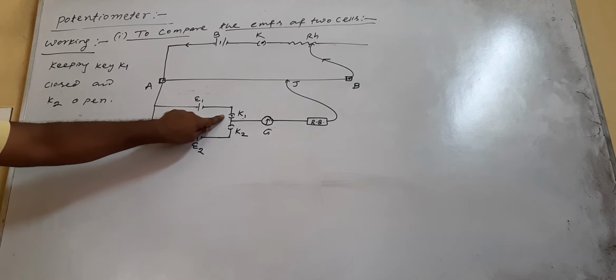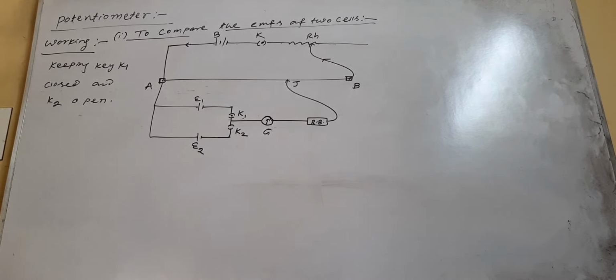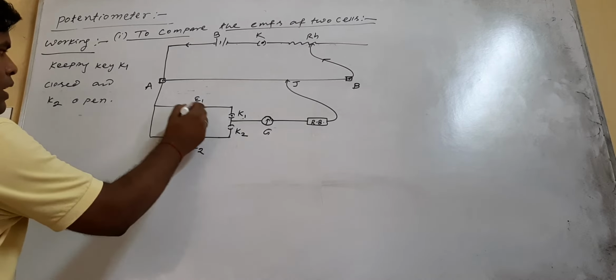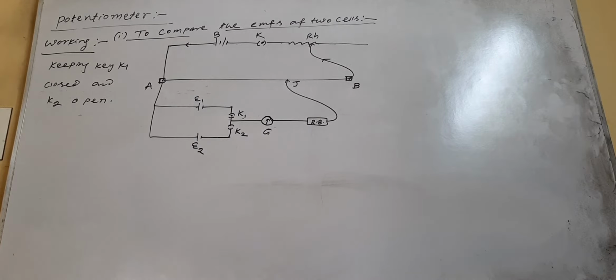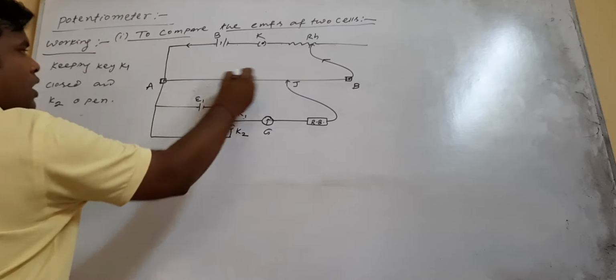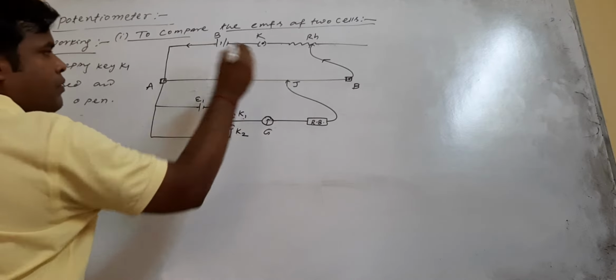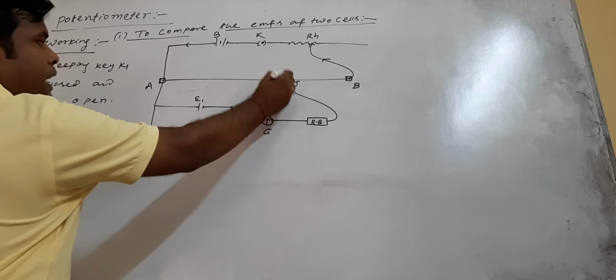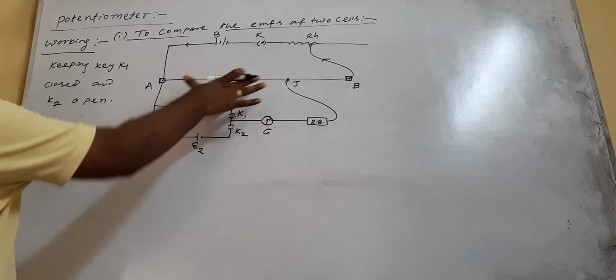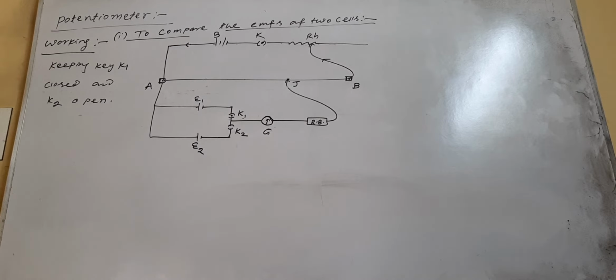When you close this key and open this key, then what happens? The cell E1 is connected to the circuit, and you move the jockey along the wire. Suppose the null point is obtained here. Let this length be L1.